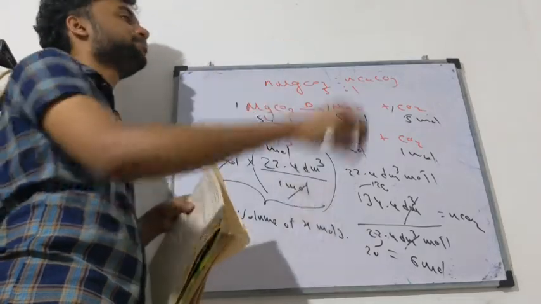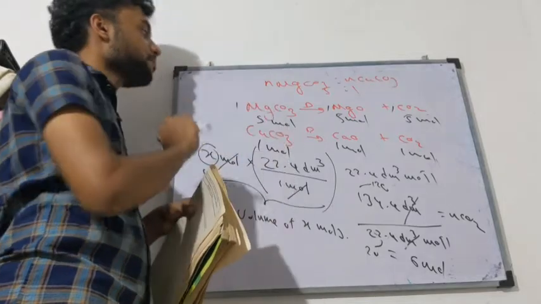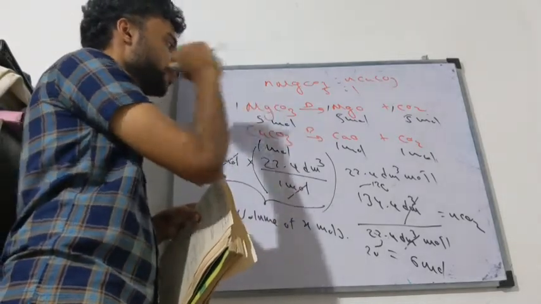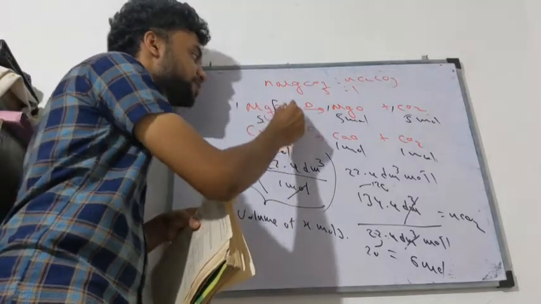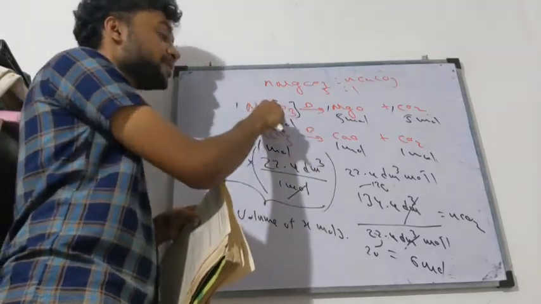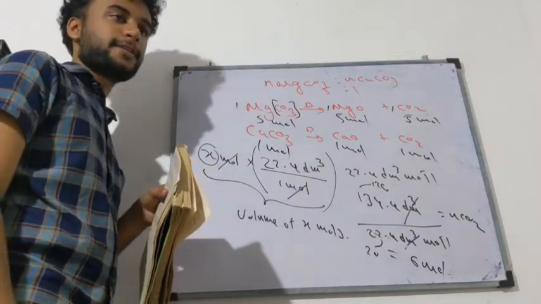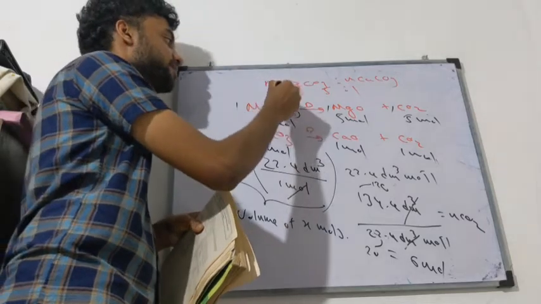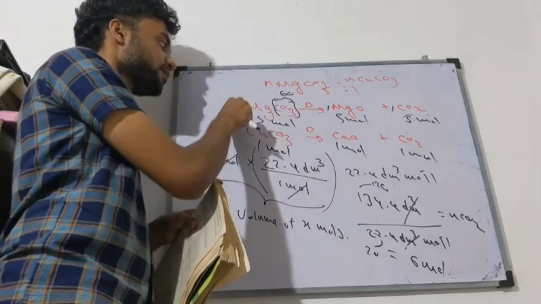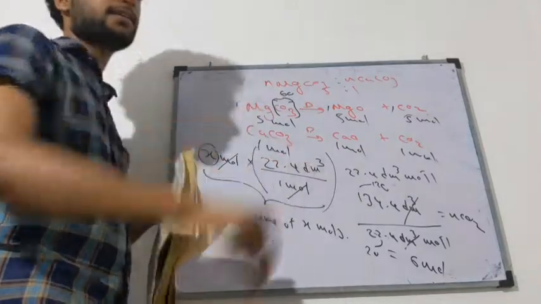Oxygen means 16. 24 plus 12 plus 16 times 3. I'm going to see this separately. Carbon is 12. 16 times 3 is 48. So 48 plus 12 is 60. 60 plus 24 is 84.